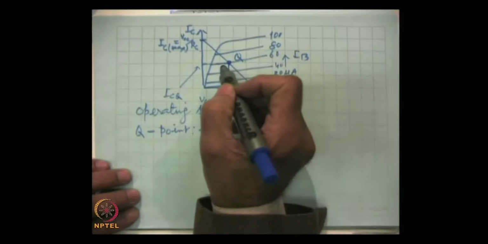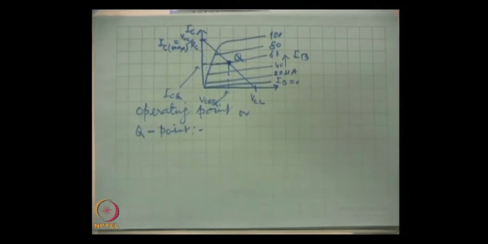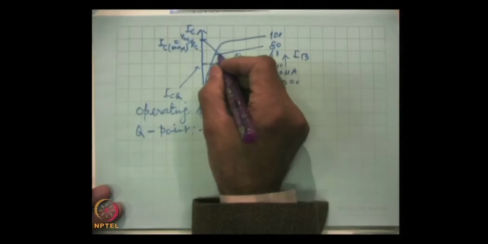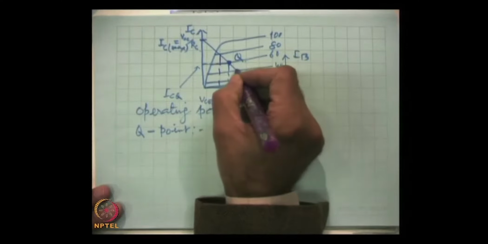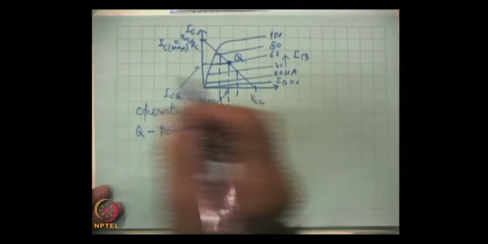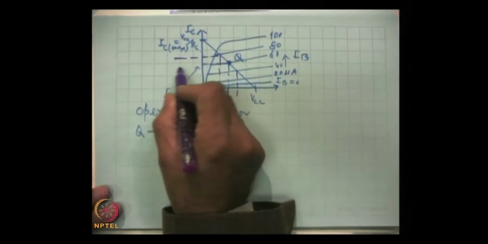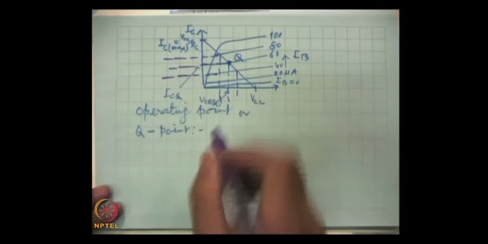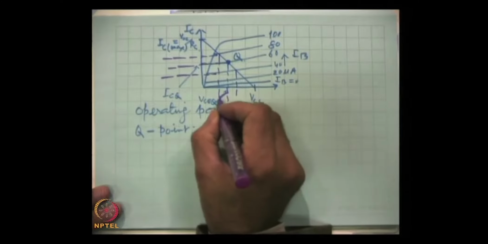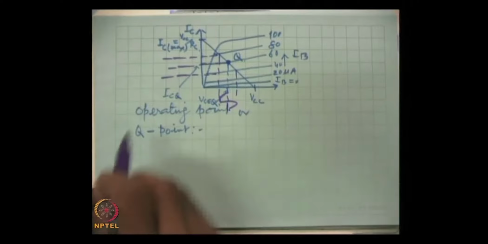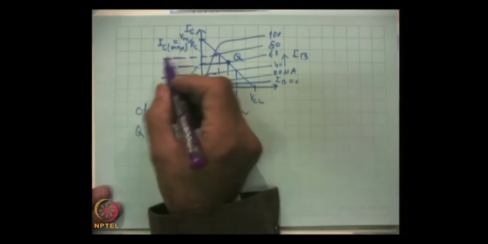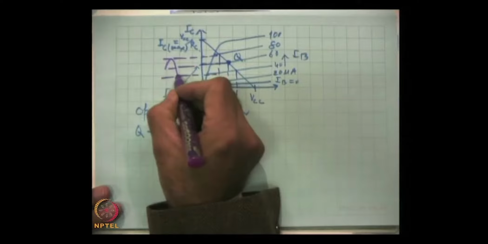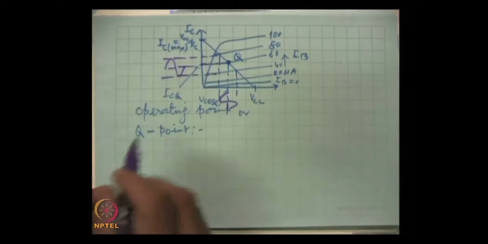Now, when we apply the AC signal, then the currents and voltages will vary. For example, here this is the applied signal, and the output current will vary accordingly.